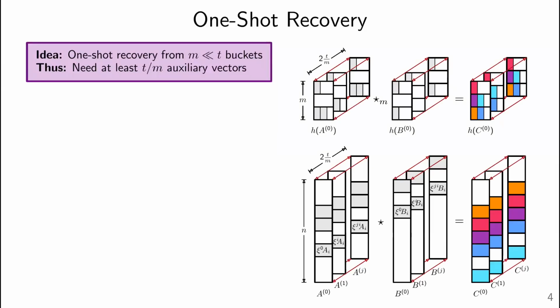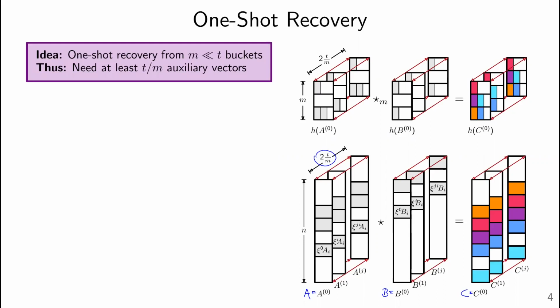It's now looking like this. We still have the vectors a, b, and c, but we've introduced several auxiliary vectors. In fact, we've introduced 2 times t by m many auxiliary vectors instead of just a single auxiliary vector from before. You can see that the first vector is just the same as a, b, and c from before. The first auxiliary vector is the same as the auxiliary vector from before. It's defined by this tweak xi to the i times ai in every entry.